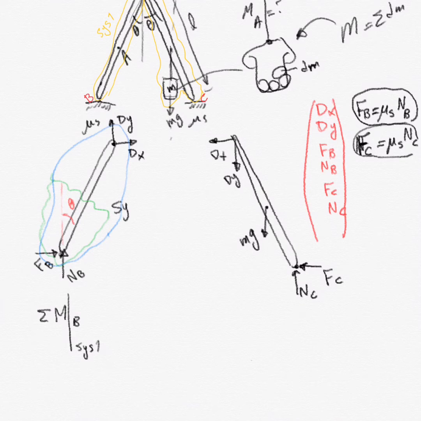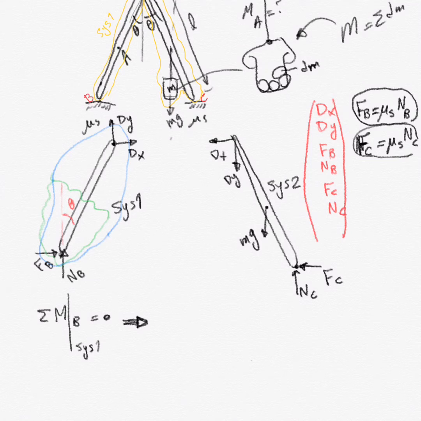This is system 1. This guy on the right is system 2. So in system 1, summation of moment about B must be 0, because this is still in equilibrium, although it's about to move because of increasing the payload mass m, but it's still in equilibrium, so this equation is valid.